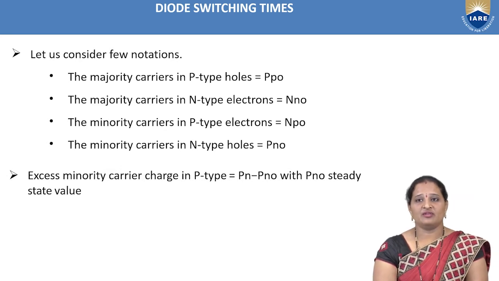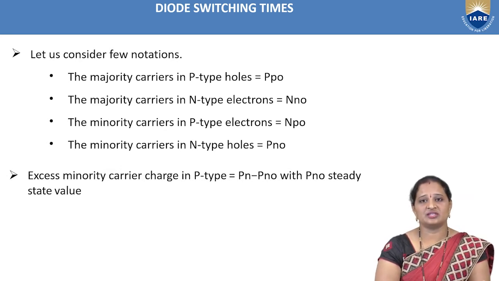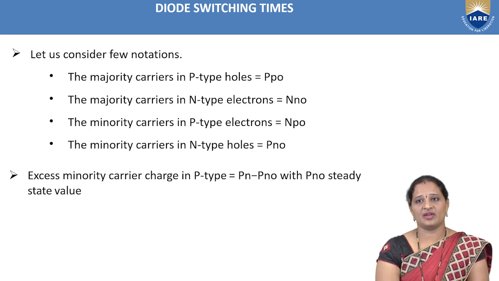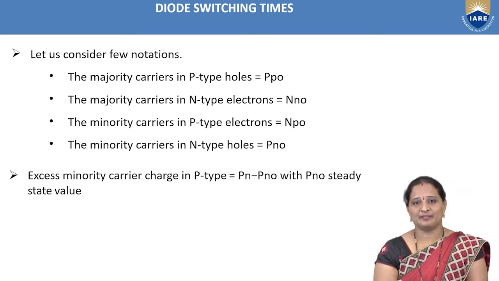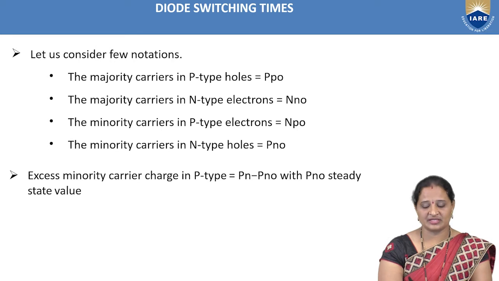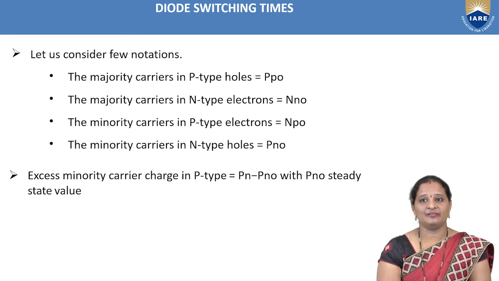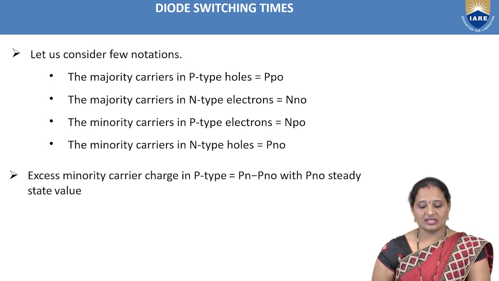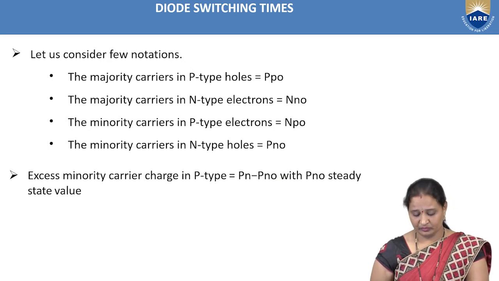Whenever the charge carriers move from one place to another, there will be some excess minority charge carrier concentration at the junction on the N side as well as the P side. On the N side, it is represented with Pn minus Pn0, where Pn0 is the steady state value.